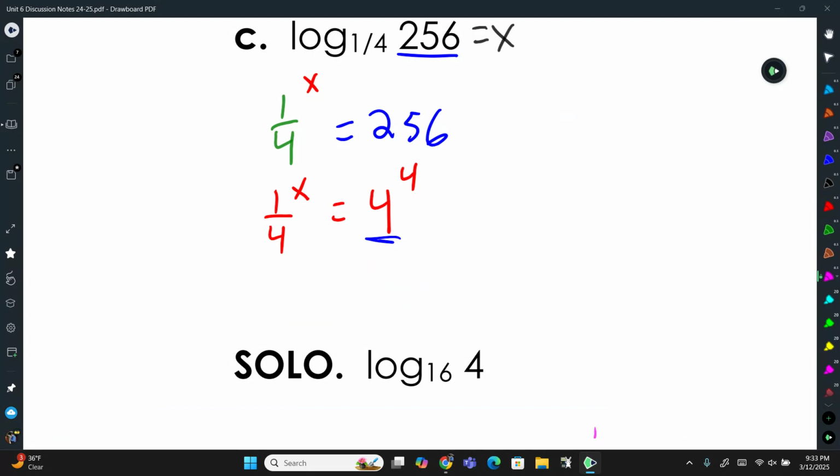All right, now from here we can use our rules of exponents, and we want this 4 to go in the denominator. Well, we can do that by changing the exponent to a negative exponent. So we have 1 over 4 raised to the x equals 1 over 4 to the negative 4th power. So we're almost there.